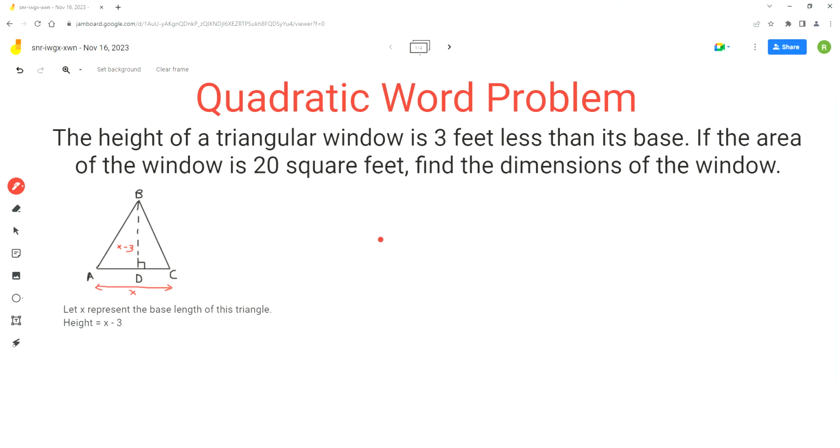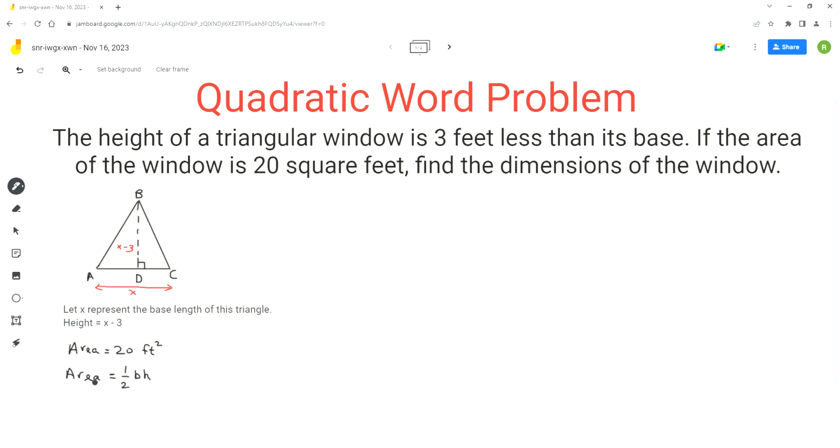Now we'll use this information to make an equation. As per the problem, the area of the window is 20 square feet. So we are given that area is equal to 20 square feet. We also know that the area of a triangle is half base times height, or base times height divided by 2.